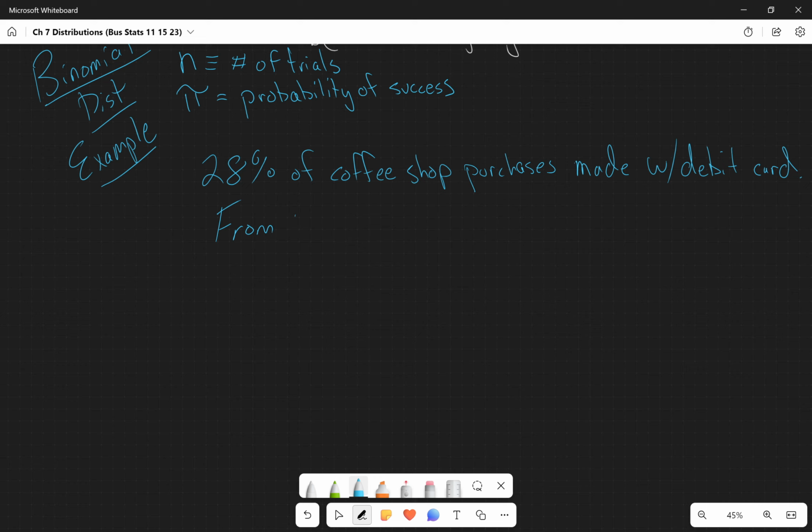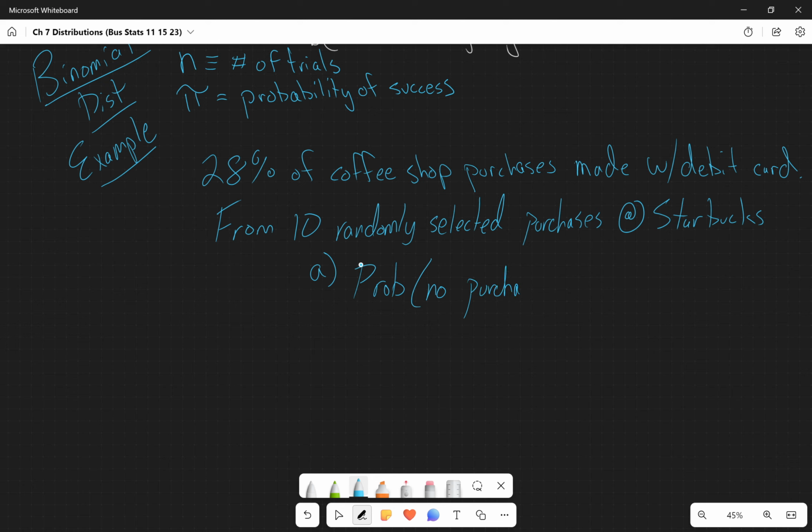And then we're told from 10 randomly selected purchases at Starbucks, at a specific Starbucks on the corner of something and something that we don't care about, we're asked 2 questions. A, what's the probability that no purchases were made with a debit card? And then B, what's the probability that exactly one purchase was made with a debit card?